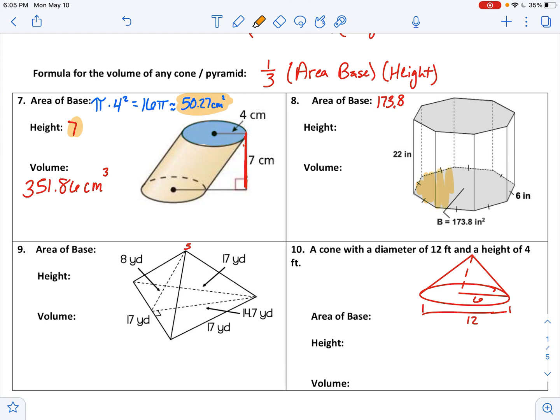So if here's a base, and here's another base, the distance between those two bases would be along this edge, which is 22 inches. So I'm going to take 173.8 times 22 to get 3,823.6, and it's volume, so it's cubic inches.